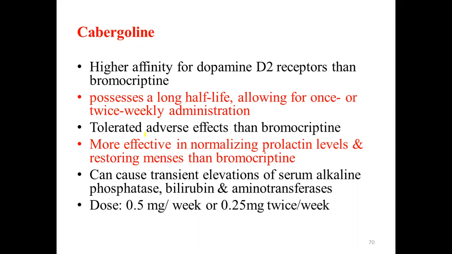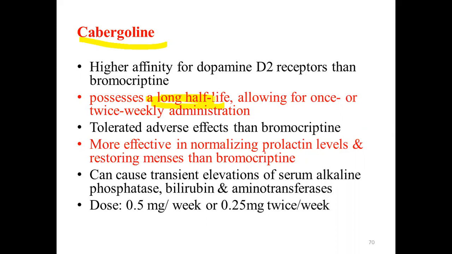Another type of dopamine agonist is cabergoline. It has a relatively higher affinity than bromocriptine for the dopamine 2 receptor, and it has a long half-life. As we discussed in the previous class, it is usually given once or twice weekly because of the long half-life.